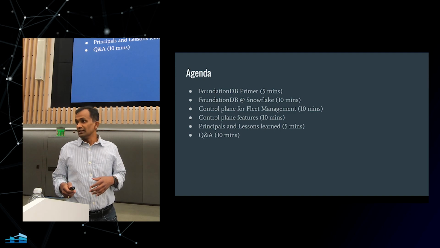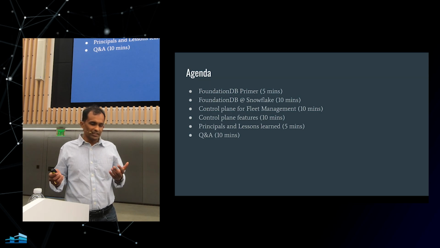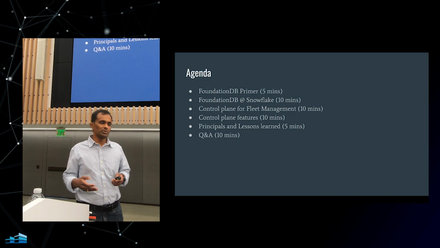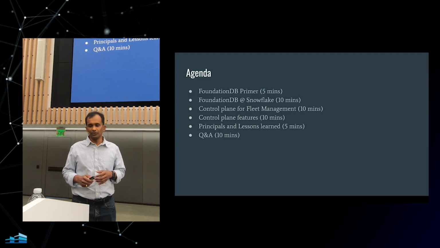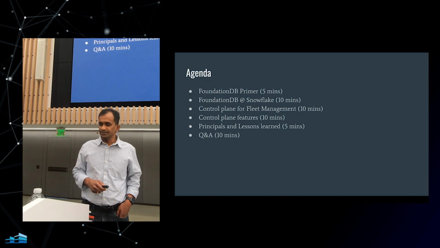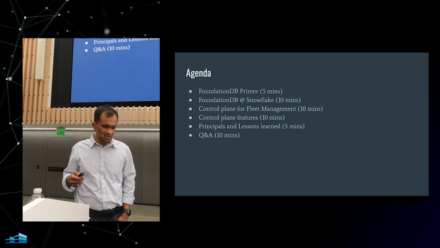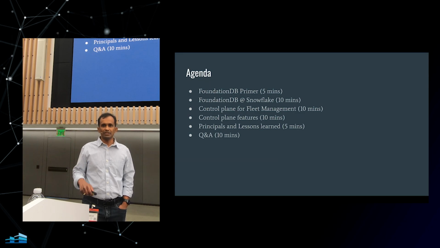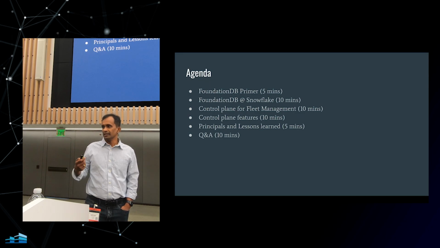And then we will look at the control plane for FDB and the overall architecture, and then look at some workflows that we use often. I think anybody who is using FoundationDB needs those workflows. We'll look at some details of that, and we'll talk about some principles and lessons that we have been using that worked and some issues that we ran into. And we'll give some time for Q&A.